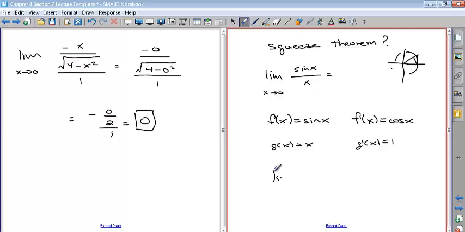So the original limit of the original functions could be replaced with the ratio of the derivatives. And now if I plug 0 in, I'll get cosine of 0 divided by 1. Cosine of 0 is 1, so you get 1, which we knew was the answer from the first chapter. So it was a lot easier to prove the squeeze theorem using L'Hopital's rule.